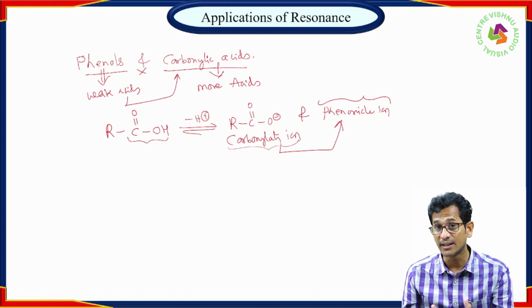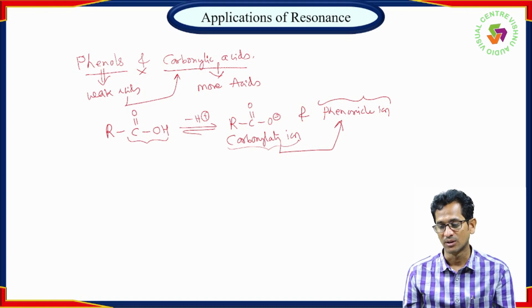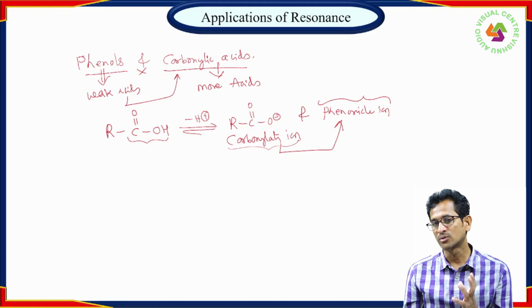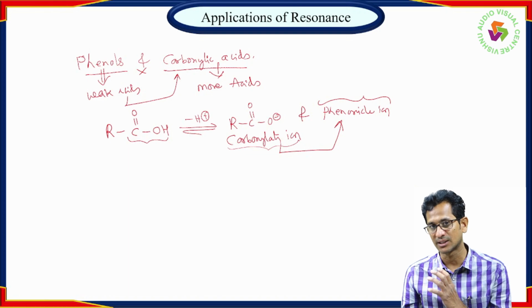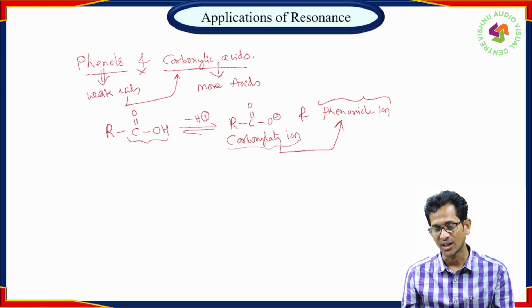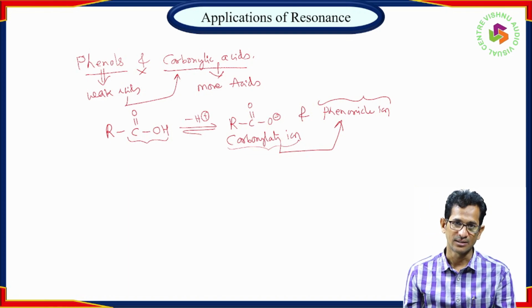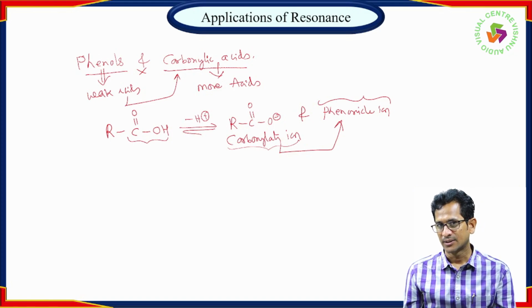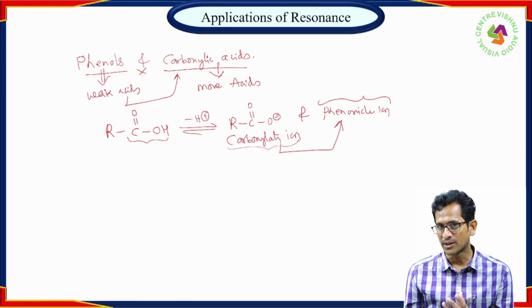Then we will decide which is more stable. We already went through the resonating structures of the phenoxide ion. In the case of the phenoxide ion, there is no charge separation, and there is no positive charge on the highly electronegative atoms.